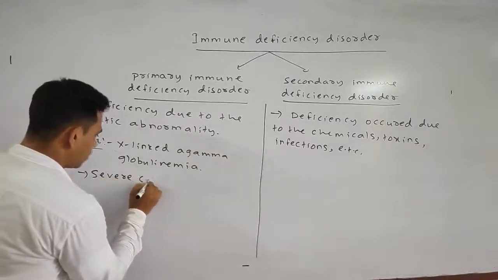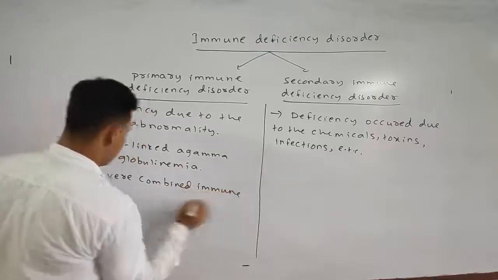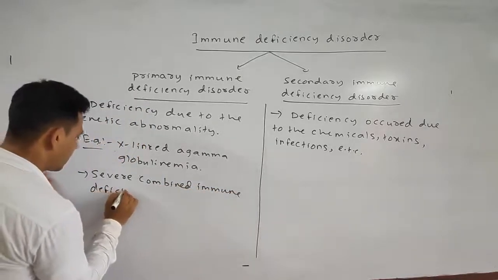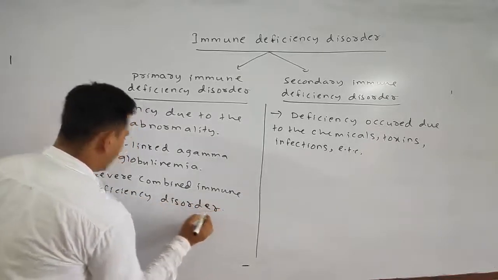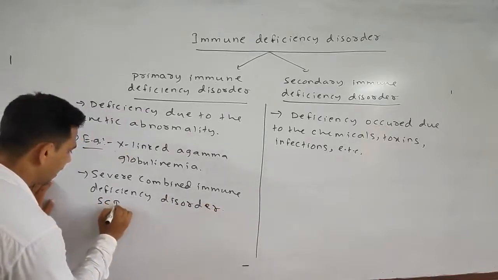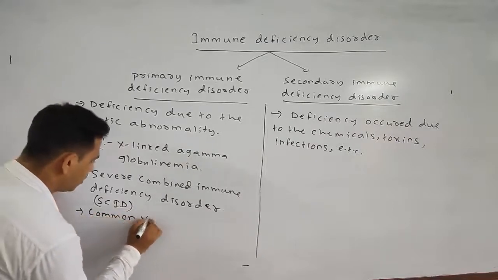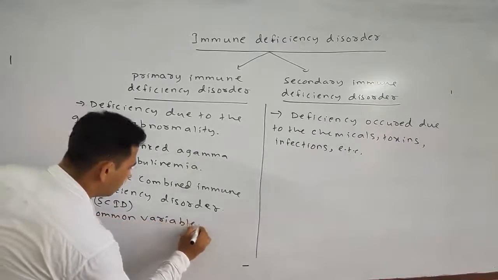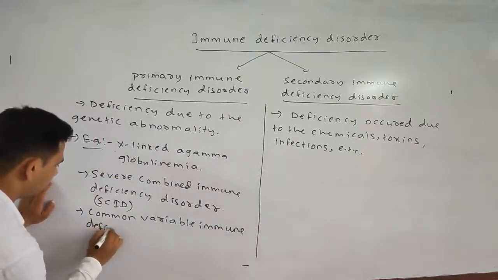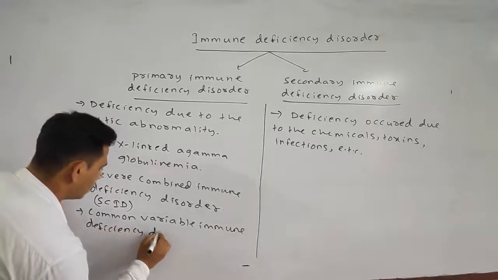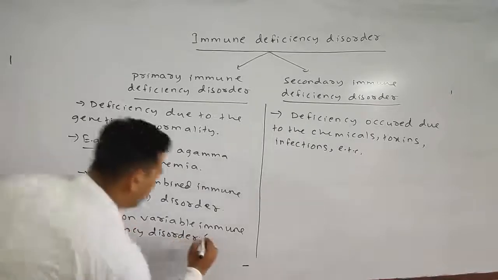Okay, which is also written as SCID. And next is common variable immune deficiency disorder, or we can write CVID.